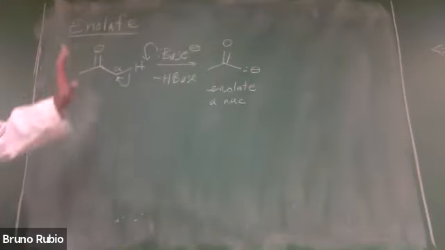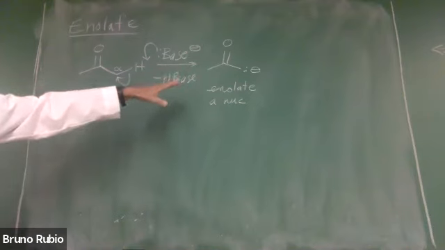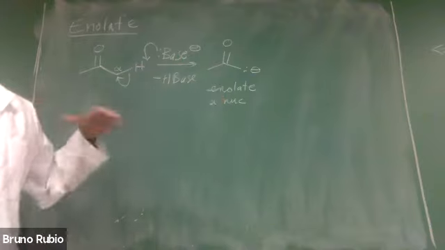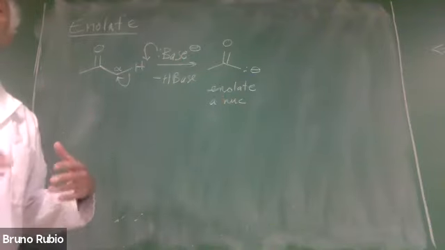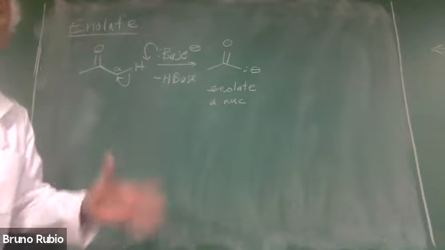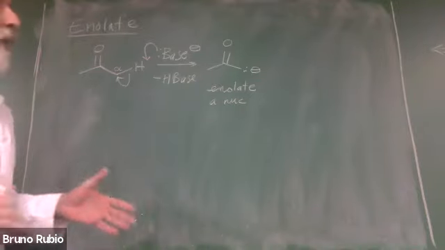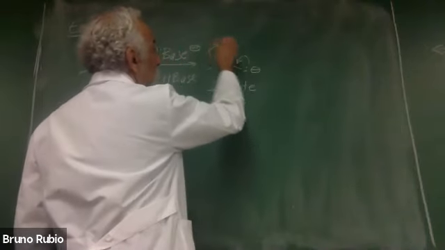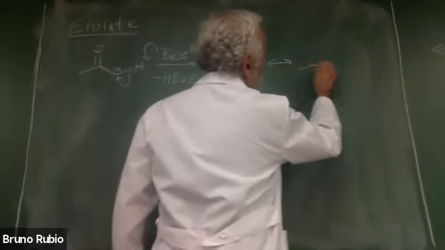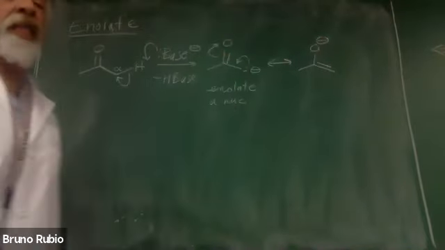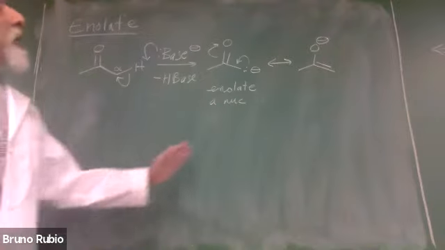All right, now the enolate actually has 2 resonance forms. The one I've drawn here is the one that for me makes most sense in trying to predict what the enolate is going to do. However, this has a second resonance structure that puts the negative charge on the oxygen atom.